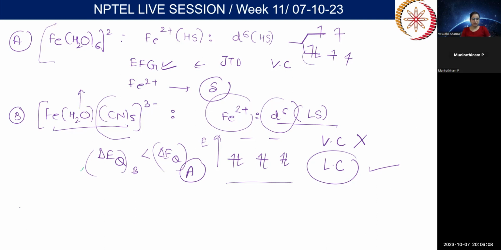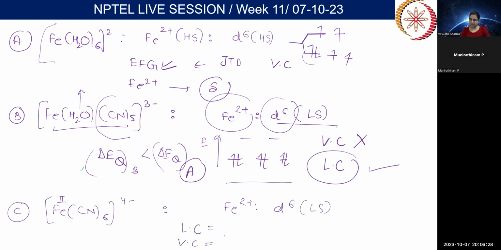Okay. Now the third one, we have all the ligands replaced by strong ligands and it is still making Fe in +2. So here we have Fe in +2, d6, low spin. Now you tell me lattice contribution and valence contribution. Lattice contribution not available, ma'am. Right, okay.